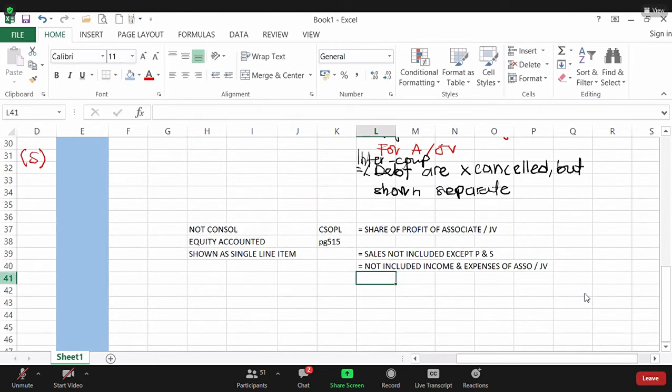So since you do not include income and expenses, you're going to put it as share of profit. B, he explained again, group profit before tax only includes parent and subsidiary. And then C, group share of associate current year profit after tax is shown separately. So you show it as this one in our consolidated statement.